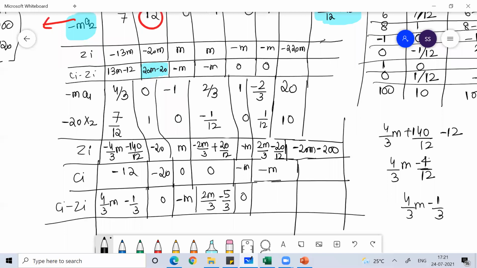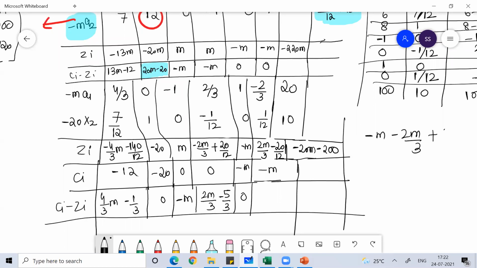Then this will be Ci minus Zi. So Ci this minus m minus Zi minus 2m by 3 plus 20 by 12. So this will be minus 5m by 3 plus 5 by 3.